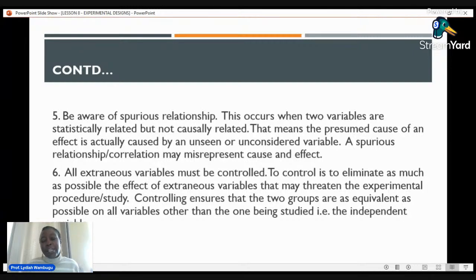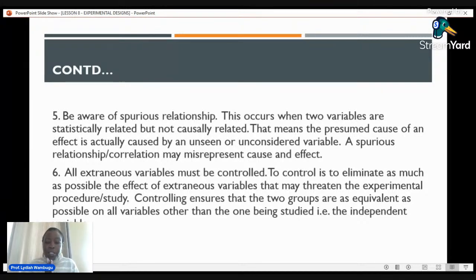Because if they had, then someone who doesn't smoke should not be getting lung cancer. So that is a spurious relationship, and you must be aware of it as you do your experimental study, because it may lie to you that there is causality, yet it is just a relationship.